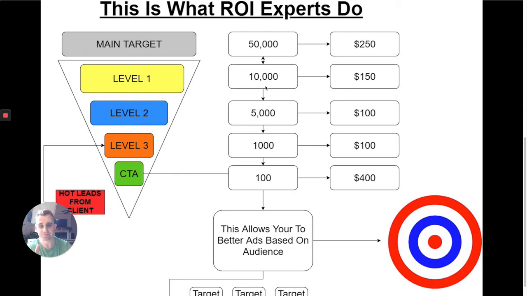Afterwards, there's going to be 50,000 people that saw that first video. Not all of them care. Not all of them are interested. But you can tell on Facebook who is, because when someone watches it, let's say we have a 2 minute video, you can see what percentage of people watched how much of that video.